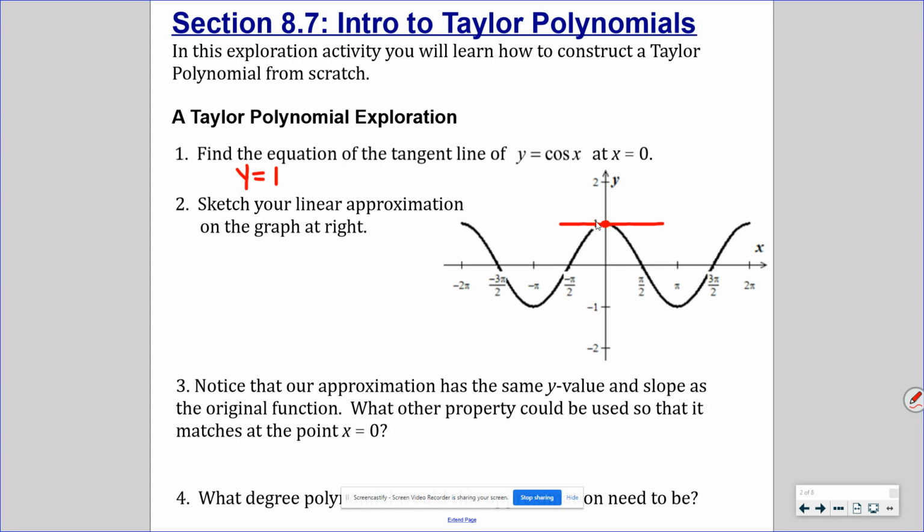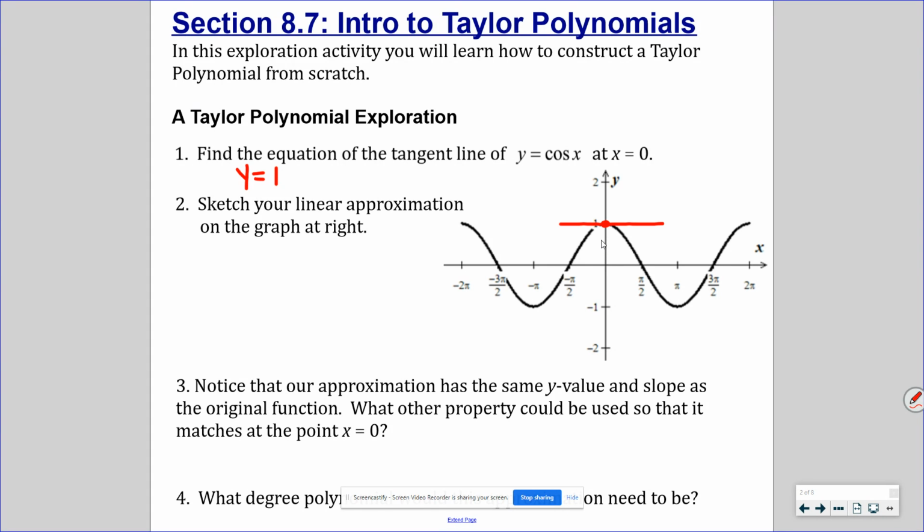They also have a slope in common. The slope of this line is 0. The slope of cosine at the original location is also 0. So the original functions are the same for cosine and the tangent line, and the derivatives are the same because we're talking about slope.